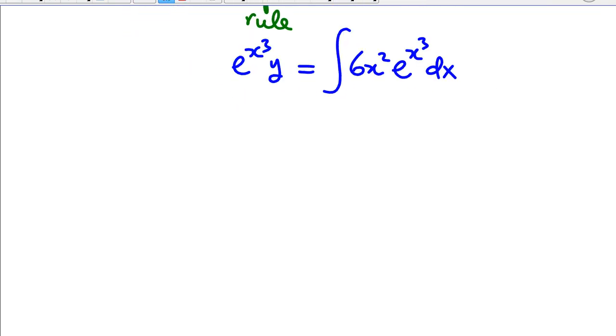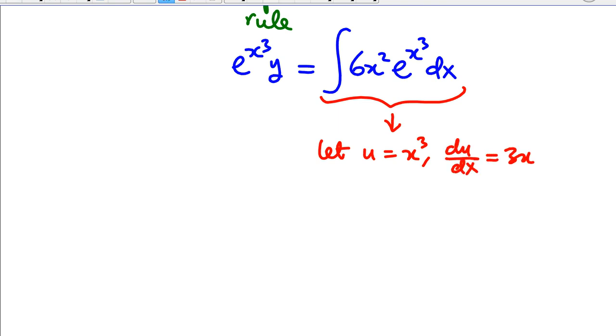Now, I want us to focus on the right hand side. For this bit, the whole of this bit, let u be equal to x cubed. I'm just trying to integrate this. du over dx will be equal to 3x squared, which means that dx will be equal to du over 3x squared.